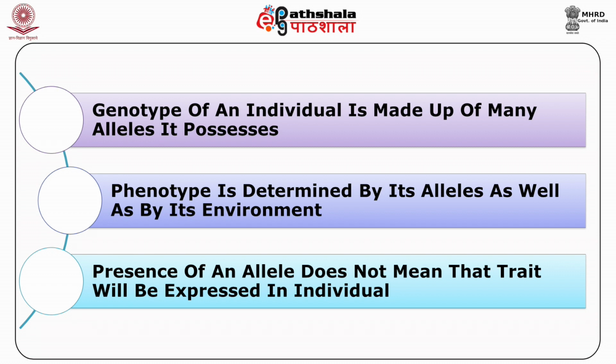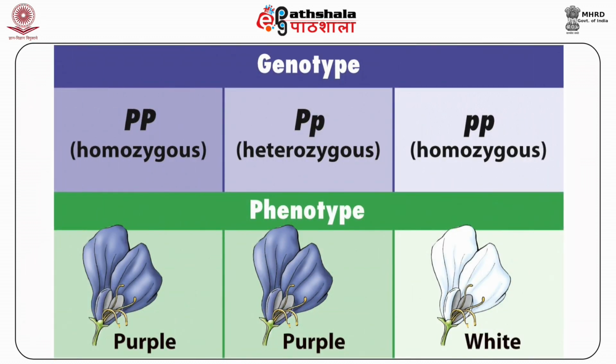The presence of an allele does not mean that the trait will be expressed in the individual that possesses it. If the two alleles of an inherited pair differ, that is, the condition of heterozygous, then one determines the organism's appearance and is called the dominant allele.